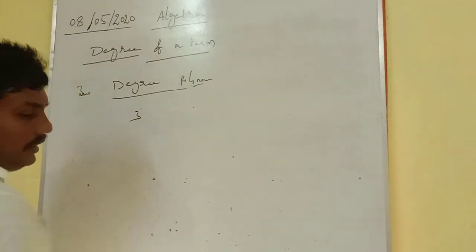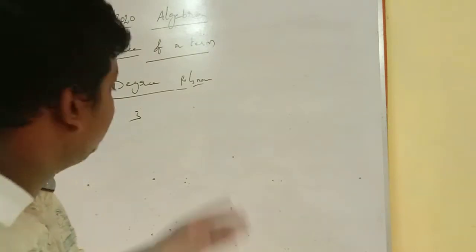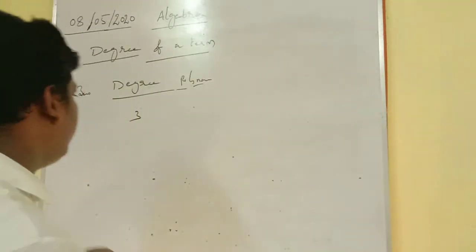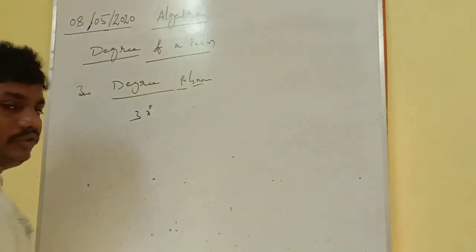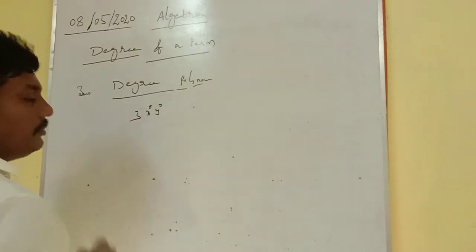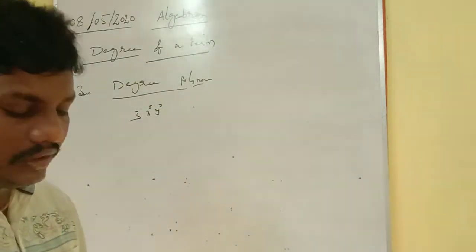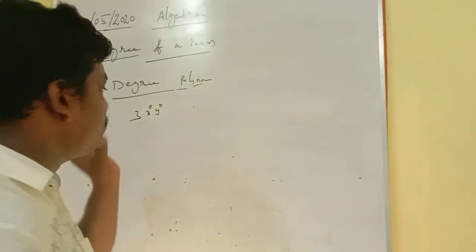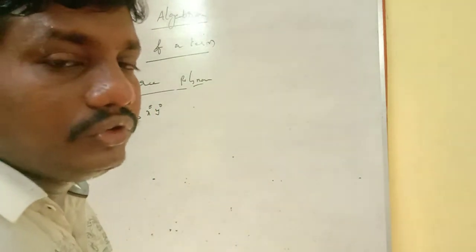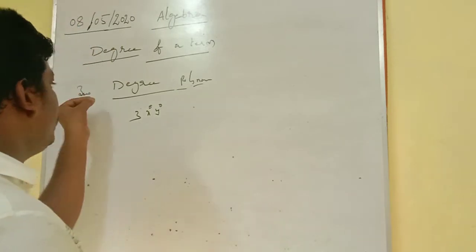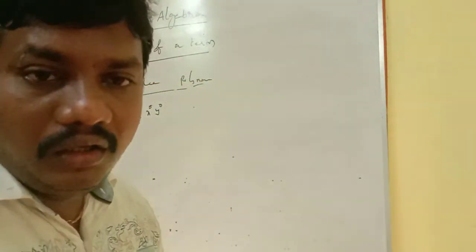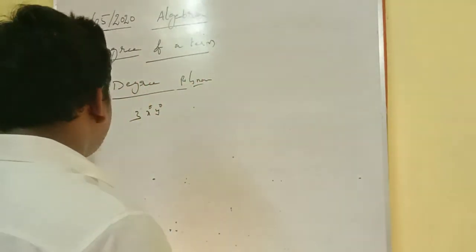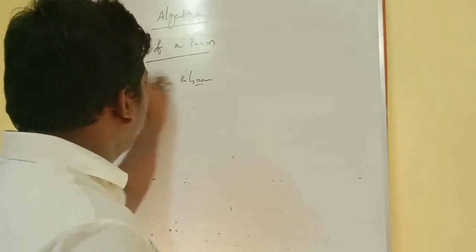Suppose 3 is a 0 degree polynomial because there is no variable. If you take a variable x, its power should be 0; if you take y, its power also should be 0. 0 plus 0 is 0. So a constant value has degree 0. A degree 0 polynomial is nothing but a constant polynomial.